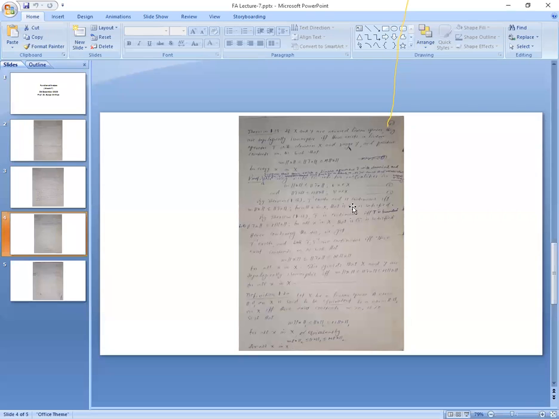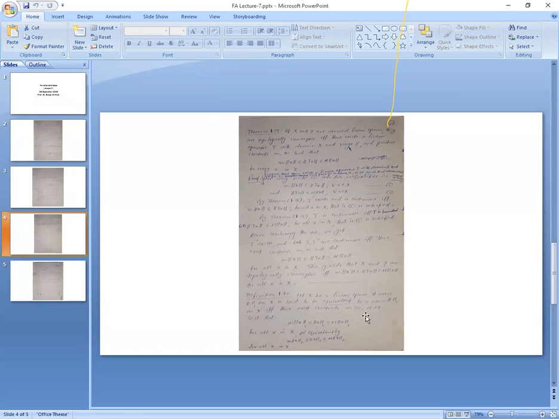Now, if X is any linear space and two norms are defined on this linear space X, when will these two norms be equivalent?